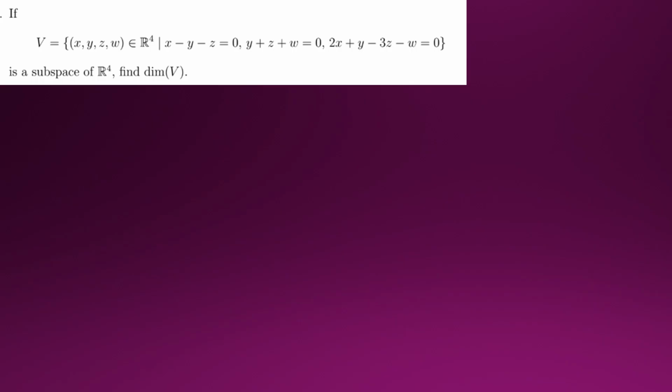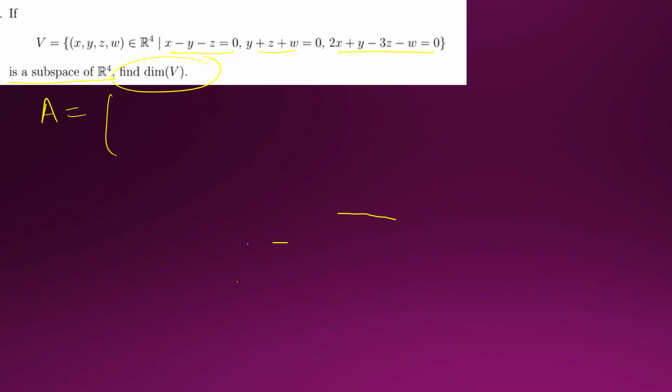So this is the next question, where it's saying V is the set of (x, y, z, w) belonging to R4 satisfying these 1, 2, 3 equations, which is a subspace of R4, and we have to find the dimension. This is a question of dimension. So here how will we solve it? Vectors. You'll write the equations in the form of vectors.